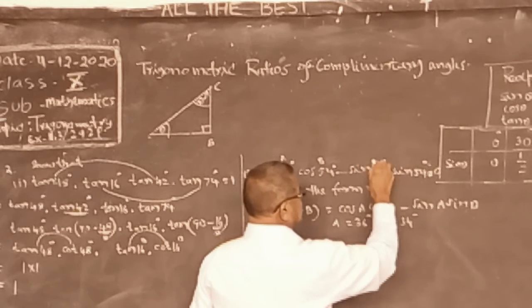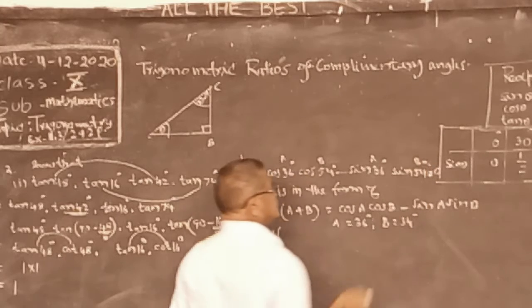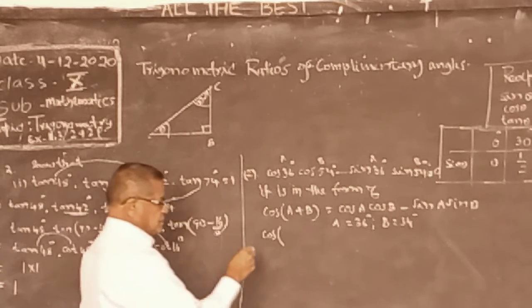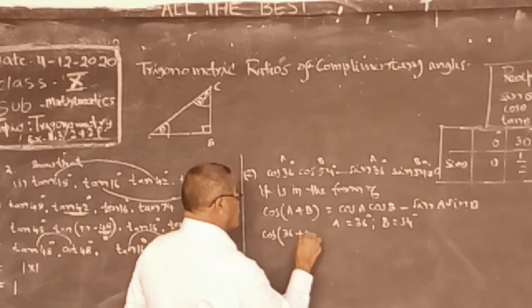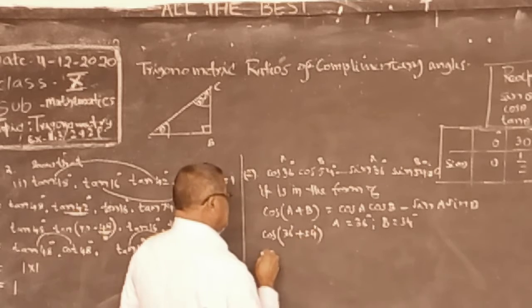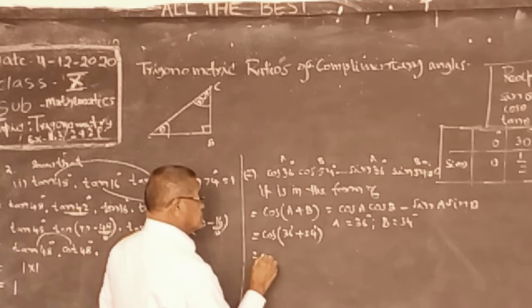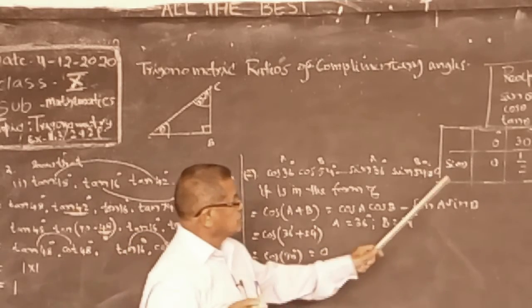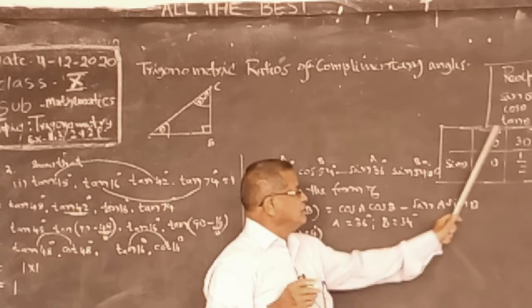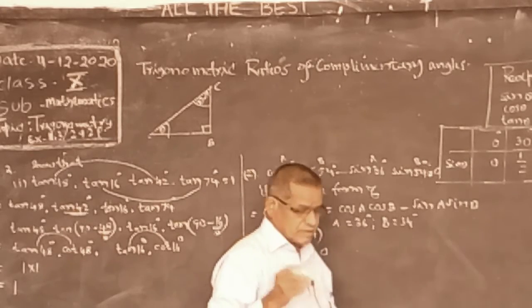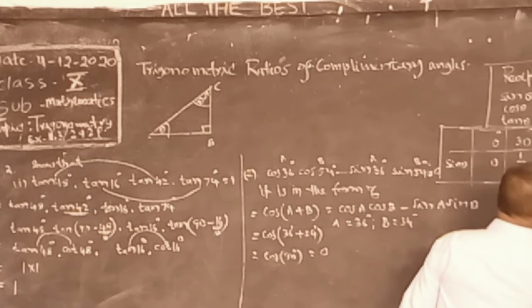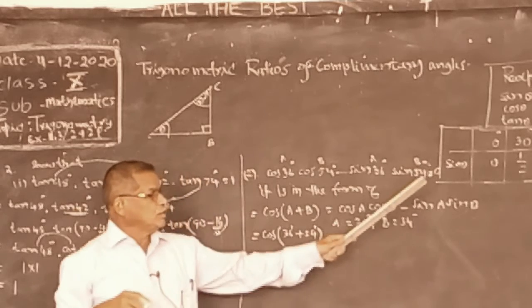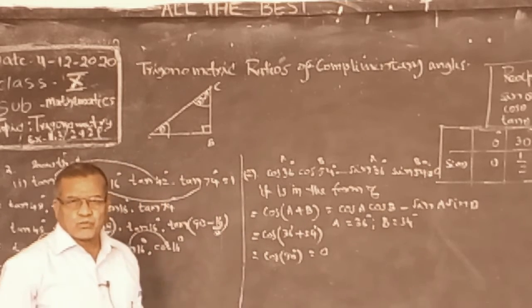Cos A cos B minus sin A sin B, now this is 36 plus 54. This is nothing but cos of 90. Cos 90 is value 0. Okay.